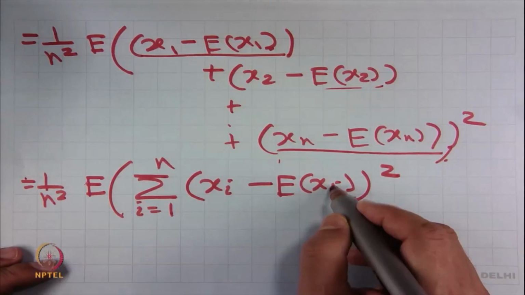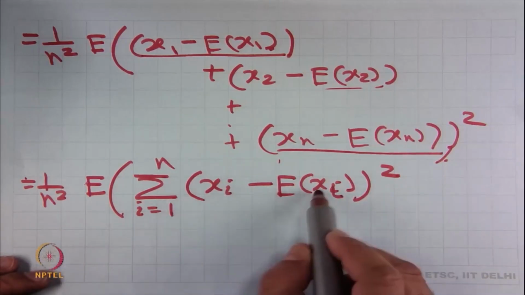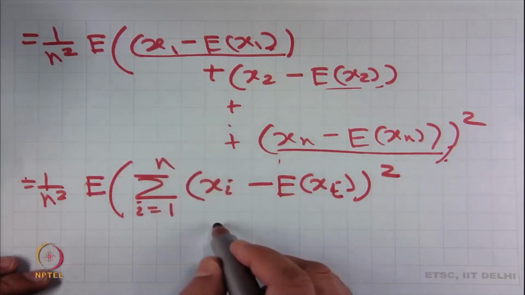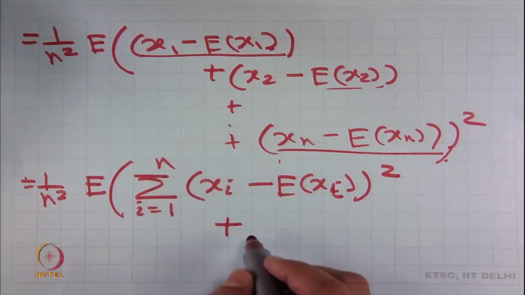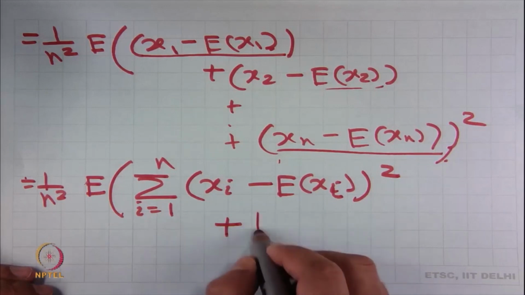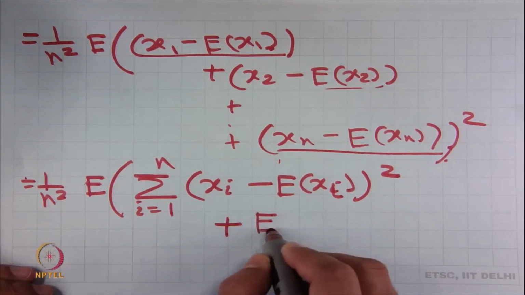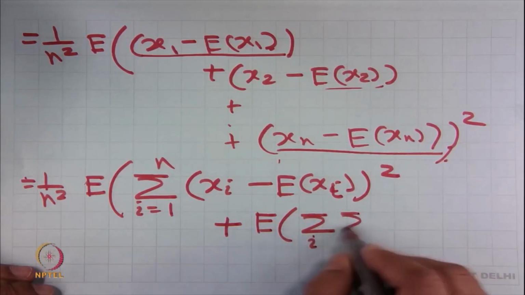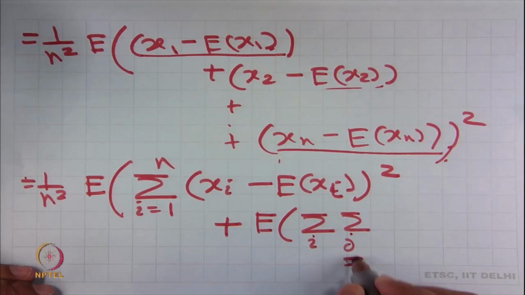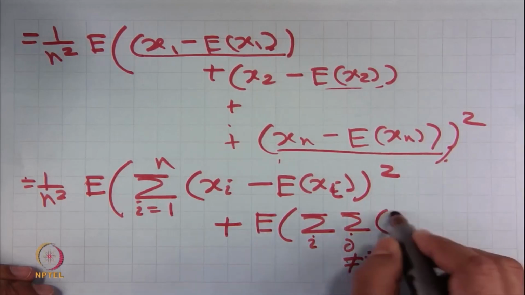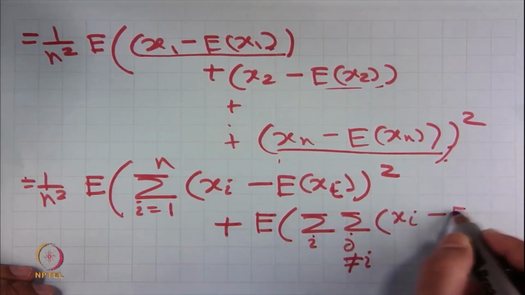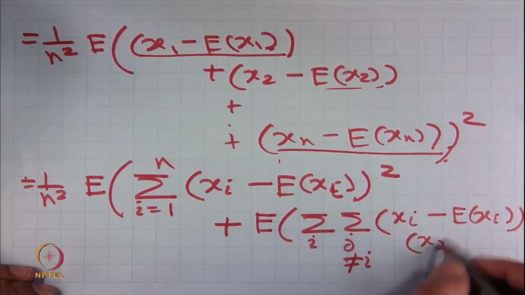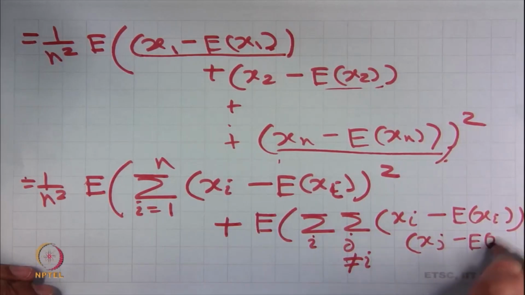So, we can write it as sum over i from 1 to n of xi minus expected value of xi whole square, plus expected value of sigma over i, sigma over j not equal to i, xi minus expected value of xi multiplied by xj minus expected value of xj.